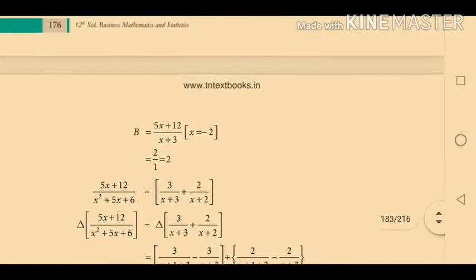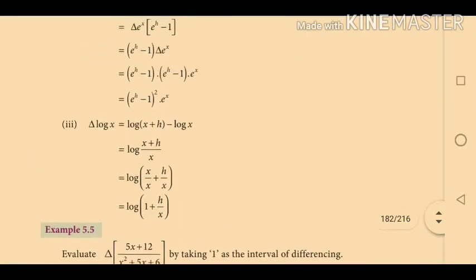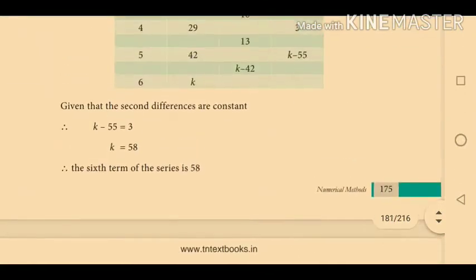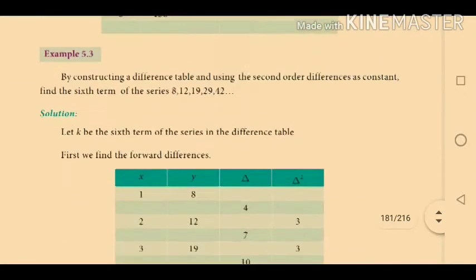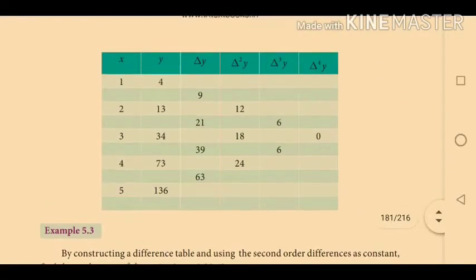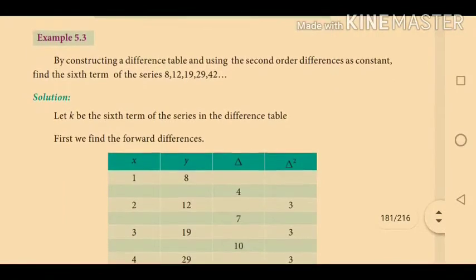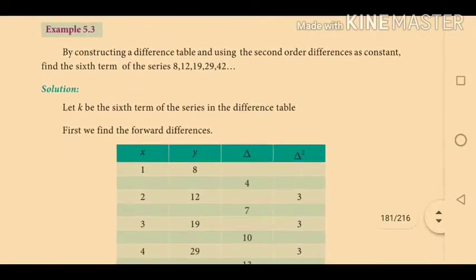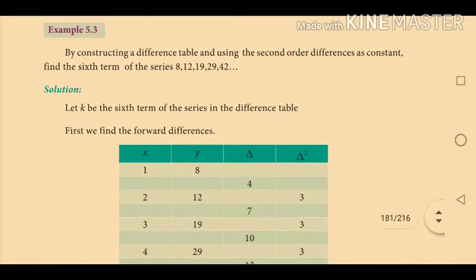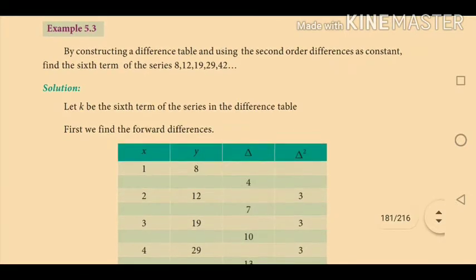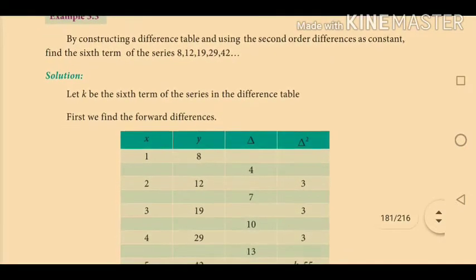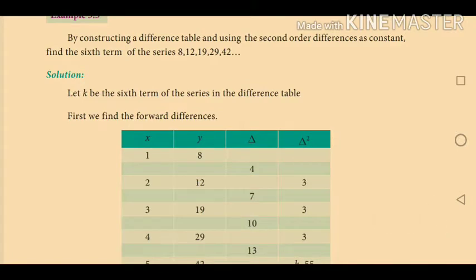The only difference is the y term, that is we are separating the y term. In case of forward difference, y2 minus y1. Here, by considering the difference table using the second order difference as constants, find the sixth term of the series 8, 12, 19, 29, 42.